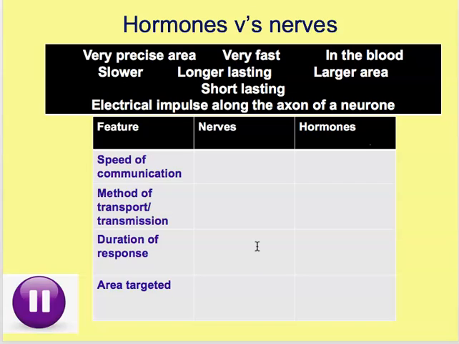The next one, the duration of response. So for hormones, the duration is longer lasting. For nerves, it is short lasting. And the last one, area targeted. Nervous impulses have a very precise area, whereas hormones will go over a larger area, but please remember that there's only still certain organs that will respond.